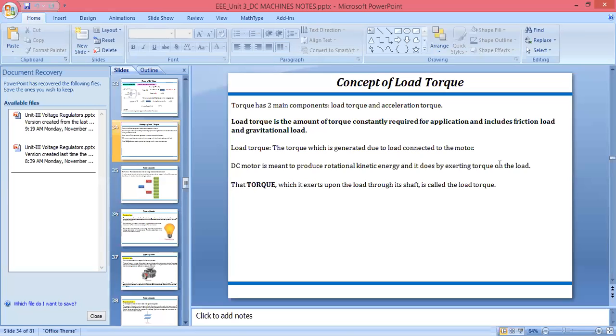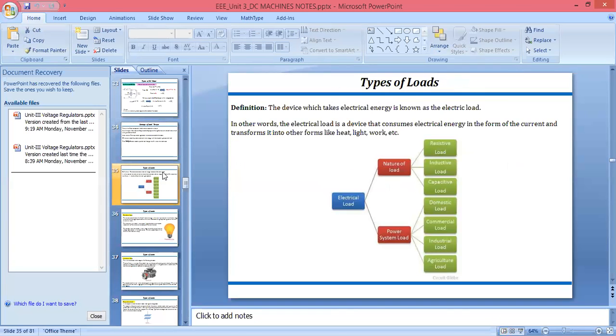So here we have to see which load we are using and how we are giving the torque on that load. Firstly, we will see the types of load which we are using here. A device which takes electrical energy, we can call an electrical load.